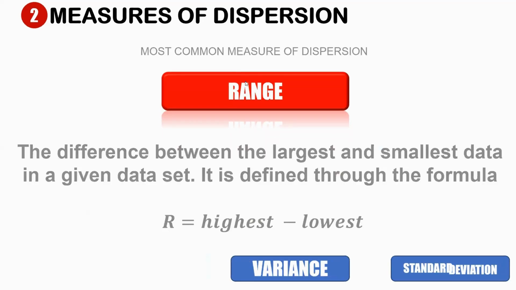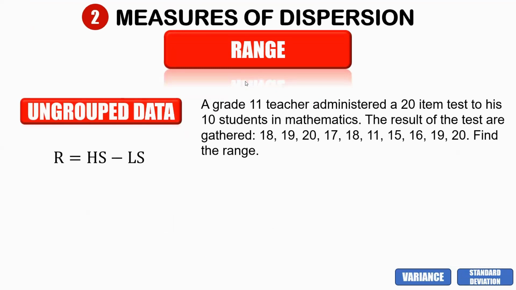Now take a look at the given example. A grade 11 teacher administered a 20-item test to his 10 students in mathematics. The results of the test are 18, 19, 20, 17, 18, 11, 15, 16, 19, and 20. We are going to find the range, which is the highest score minus the lowest score.